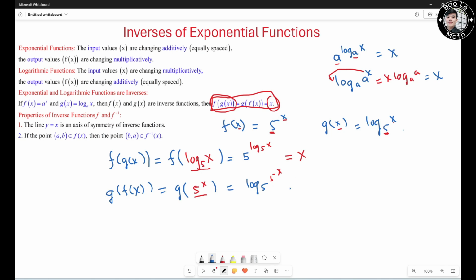Based on this formula, the 5 and 5 are the same, so the answer must be x. Since both equal x, I can conclude that f of g of x equals g of f of x equals x. So the functions f of x and g of x are inverses of each other.